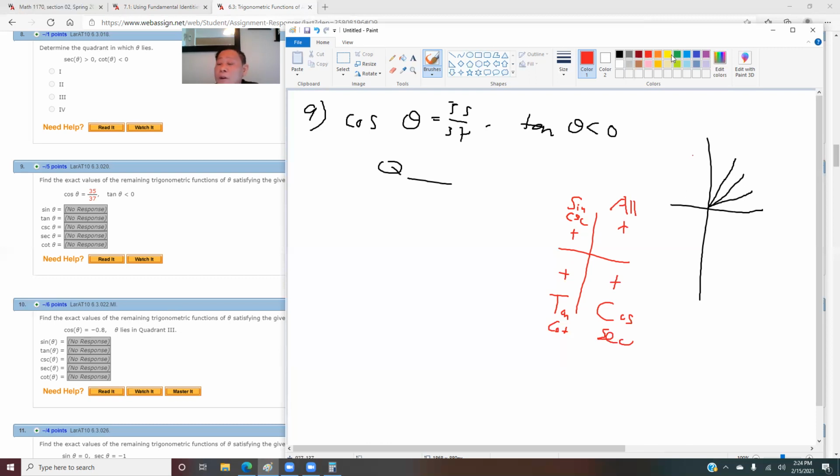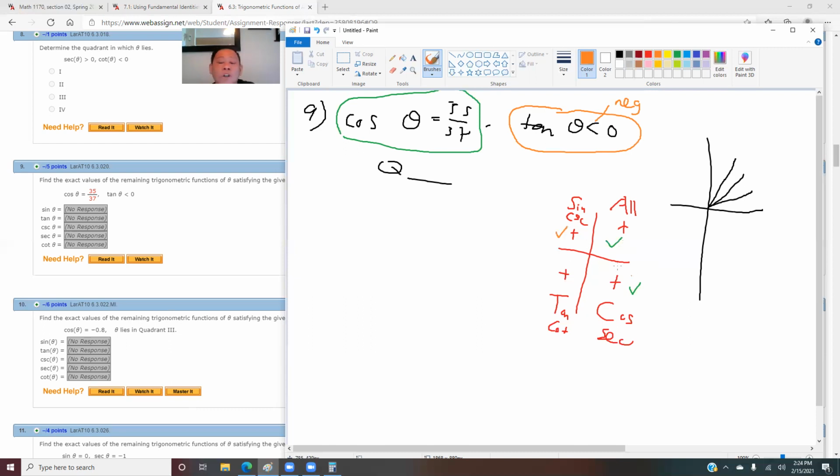So how do you figure it out? This one is cosine, right? Is the value positive or negative? Positive. So that means this is going to be in quadrant 1 or 4, because cosine is positive. Can you tell me which quadrants tangent is negative in? 2 and 4.